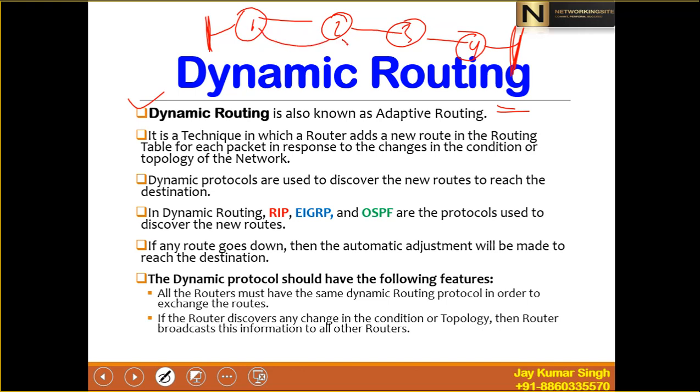Router 2 knows about router 1 and router 3. Router 3 knows about router 2 and router 4. But does router 1 know about router 4? By default, no. It's connected, but by default they don't know.